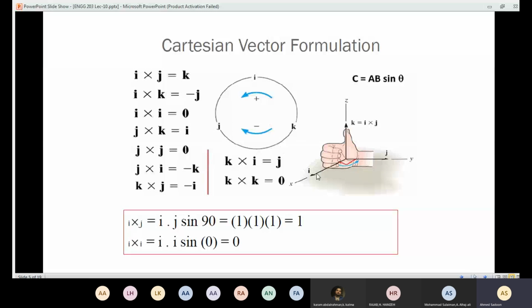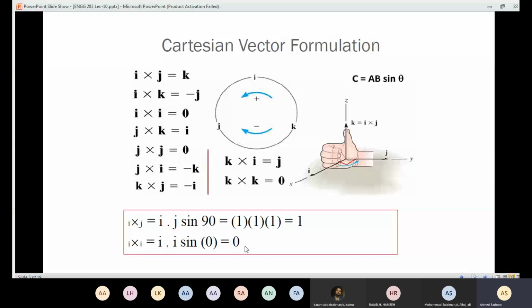What if I want the cross product of I cross I, like this one? I cross I will give us 0. And the reason is that for I cross I, the magnitude is the magnitude of I, which is 1, times the magnitude of I again, which is 1, times sine of the angle between I and I, which is 0, and sine 0 is 0.